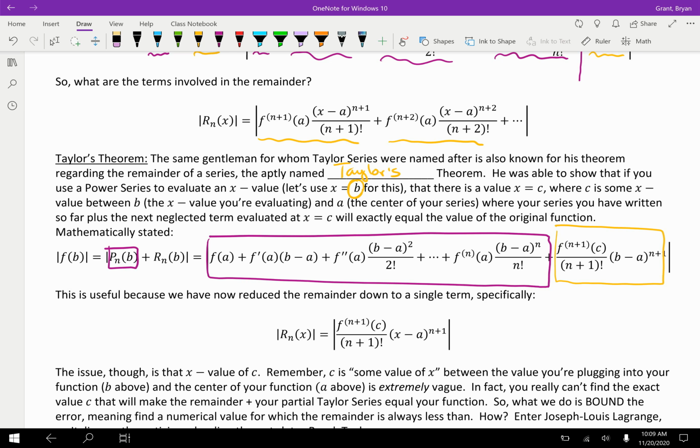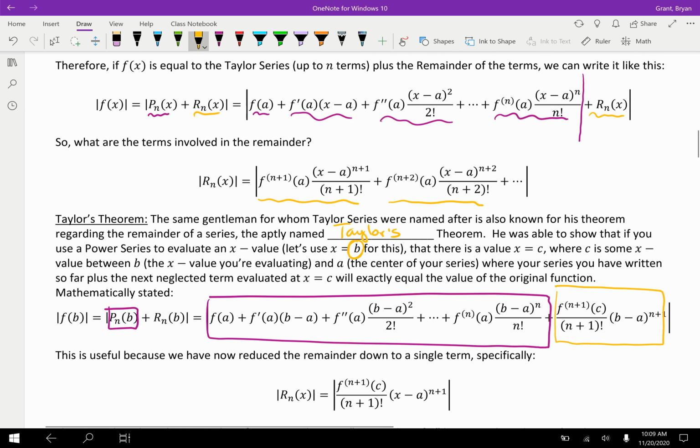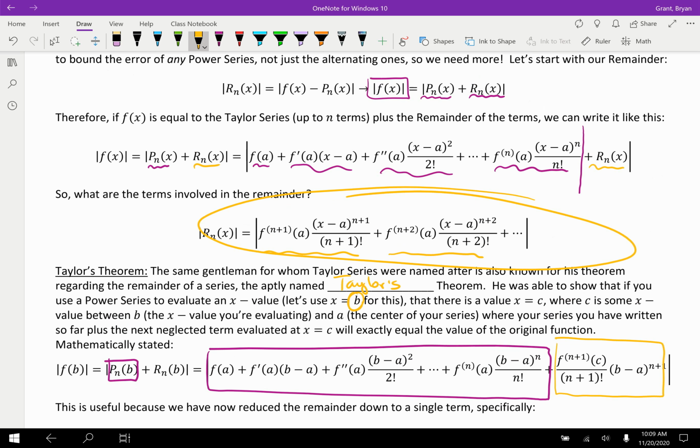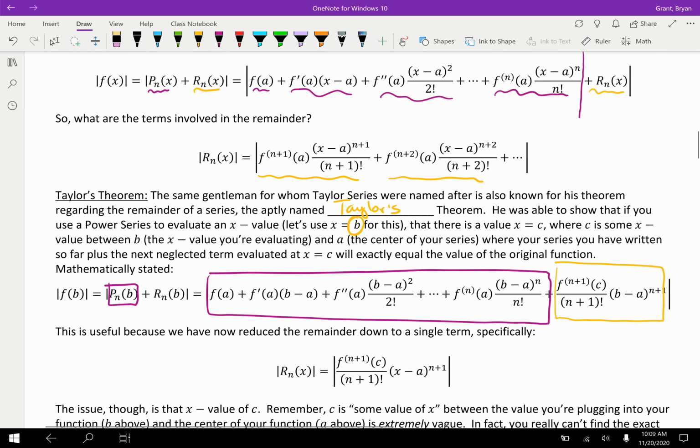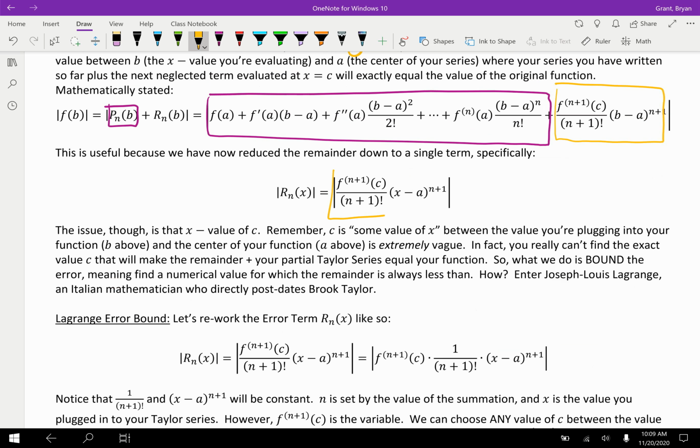And that is pretty darn powerful, realizing that wherever you stop, you would only have to add on one more thing to get the perfect answer. Well, that's really cool because now instead of the remainder being all of these terms, we can really say that the remainder is just the next neglected term.